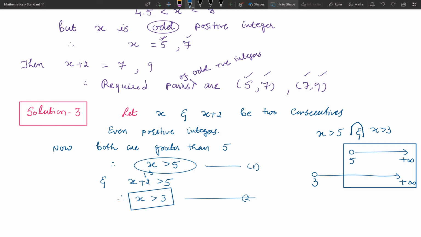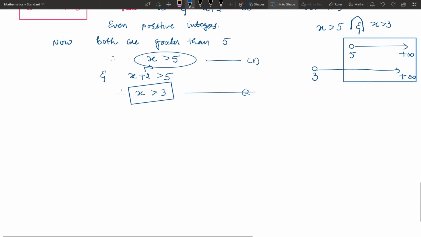Now the sum is less than 23. The sum x plus x plus 2 is less than 23.